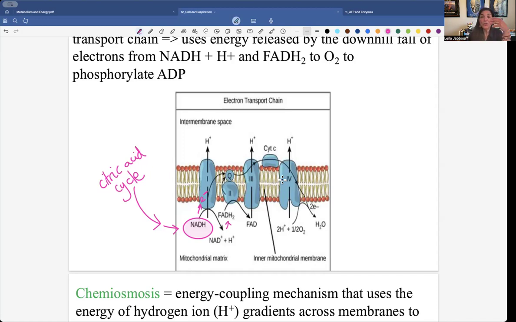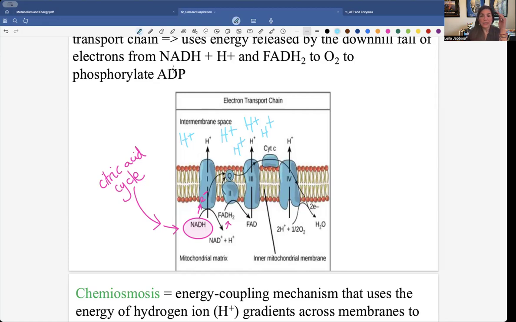And that's going to allow these transporters to pump hydrogen ions against their gradients. So these hydrogen ions are getting accumulated in the intermembrane space between the two membranes of a mitochondrion. The concentration is getting bigger and bigger, which means every time we put more in there, we're going against their gradient. That requires energy. We're basically shoving them in that space.